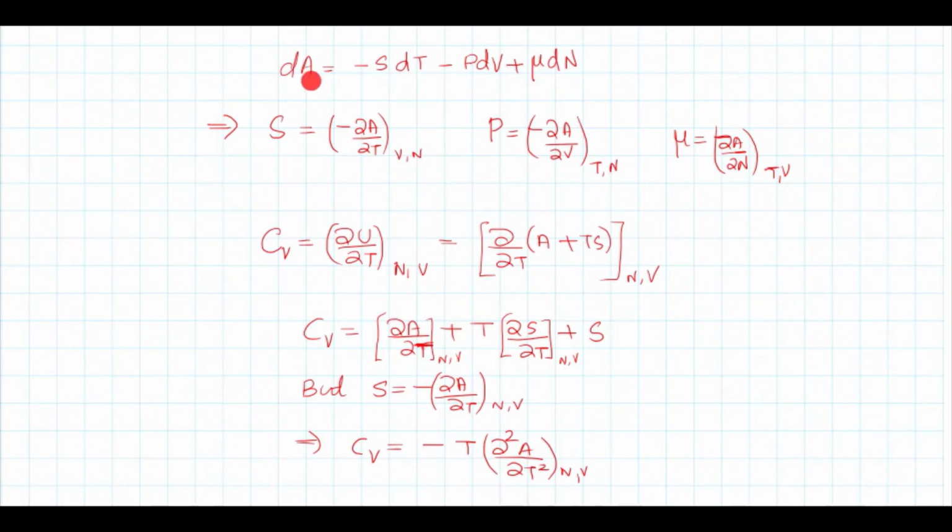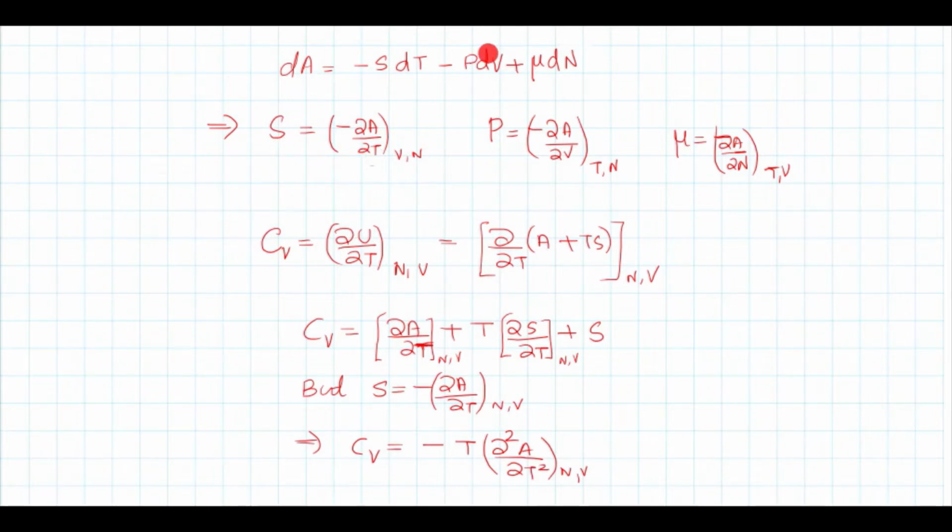Now you can take three partial derivatives of A, one with respect to T, that will give you minus S, or you can write it as S equal to minus dou A by dou T, keeping V and N constant. So at a constant volume and number of particles, the negative partial derivative of A with respect to temperature is entropy.